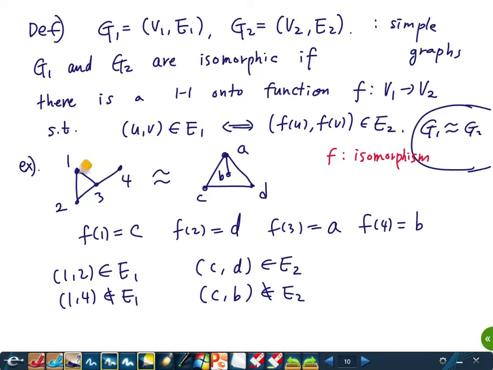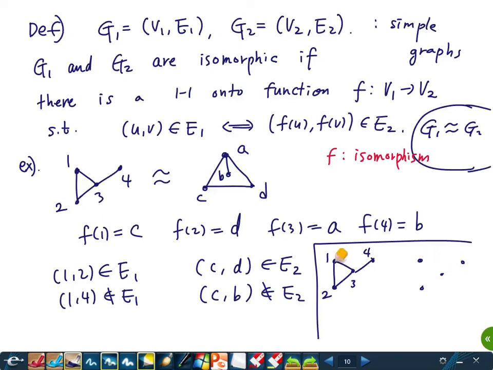So if you draw this diagram a little differently, suppose that we could have represented this in a different way. Let's write over here, in the same way, 1, 2, 3, and 4, and F1, F2, F3, and F4.